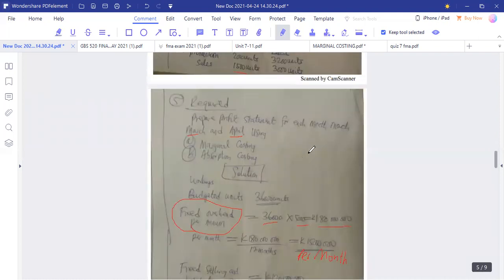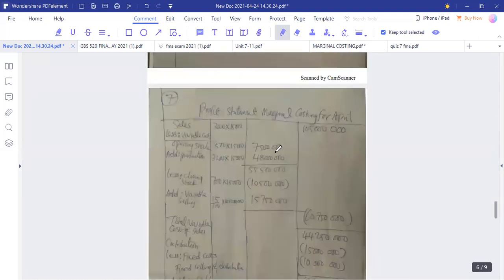Selling price is 35,000. So you're getting the sales of 105 million. Then less the variable cost. So variable cost is opening stock, which is 500 multiplied by 15,000, which is giving us 75.